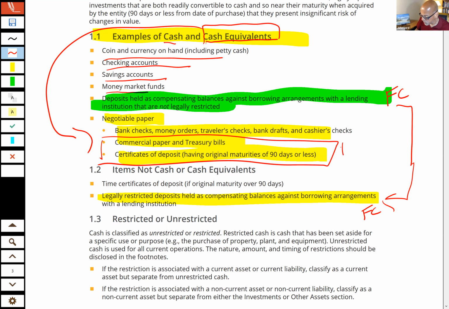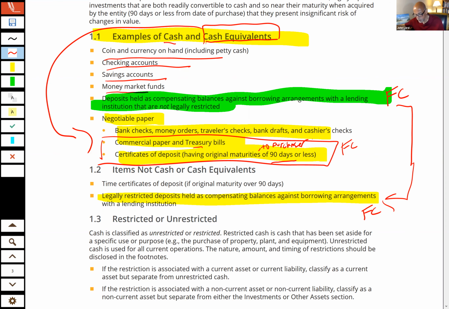Flashcard that, it's all the same thing. That 90 days or less also applies to the commercial paper and the treasury bills, and its original maturity to the purchaser. Original maturity to the purchaser of 90 days or less.